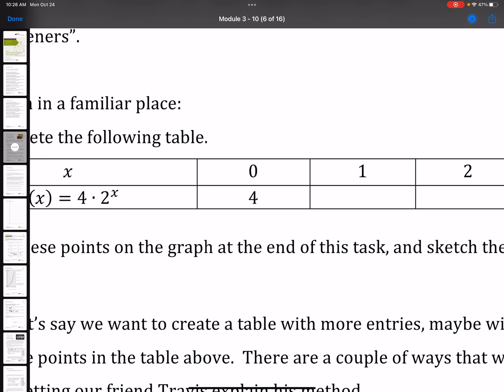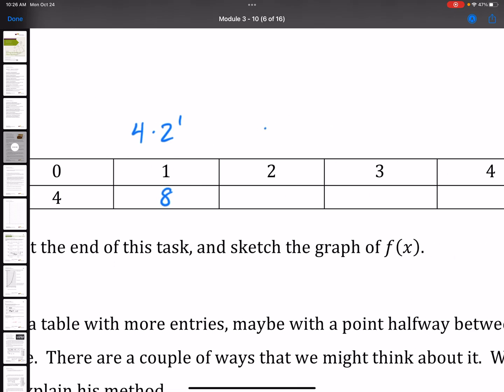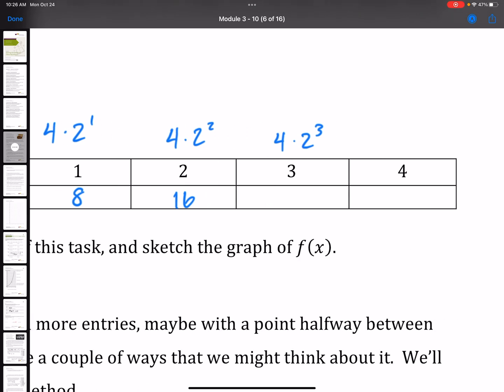What if we had 4 times 2 to the first power? It would be 4 times 2, which is 8. Yeah, very good. What about 4 times 2 to the second power? 16. Nice, because it's 4 times 4, which is 16. And then 4 times 2 to the third power. 2 times 2 is 4, times 2 is 8, times 4 is 32.